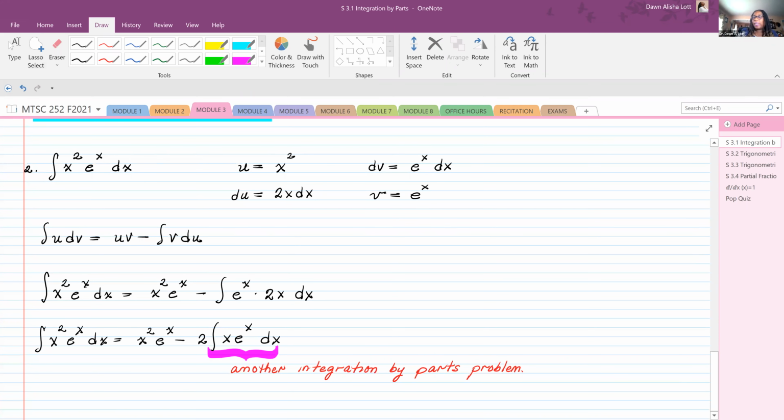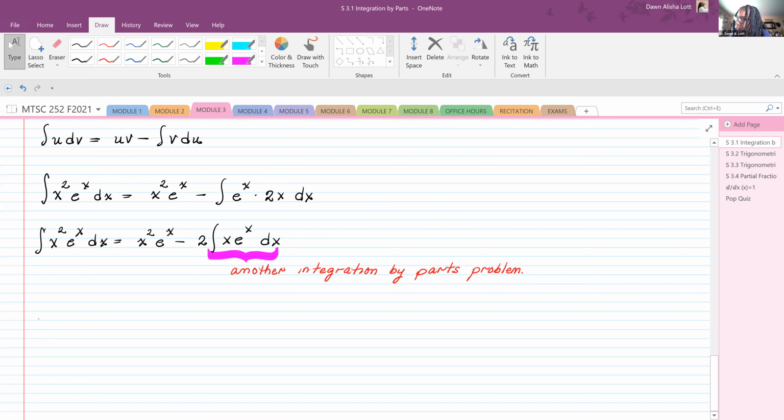So I can now put that in. So now I get the integral of x squared e to the x dx is equal to x squared e to the x minus 2 times the integral of x e to the x.